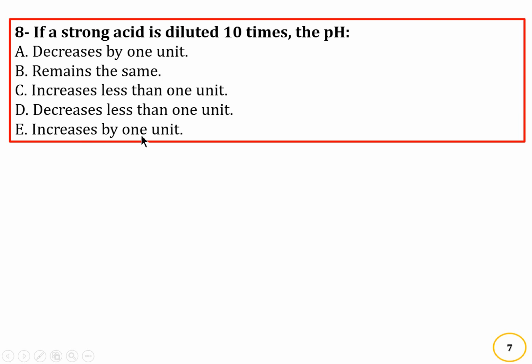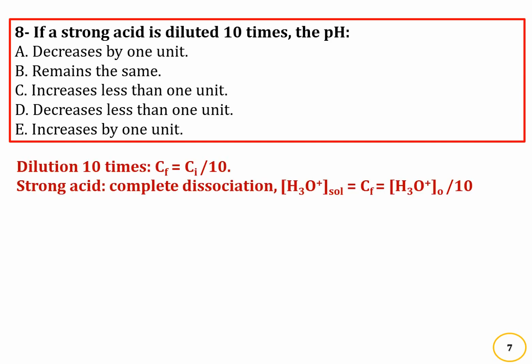The objective of this exercise is to calculate the pH of a strong acid before and after dilution. And the conclusion is that the dilution does not affect the dissociation of a strong acid. A strong acid always dissociates completely to H3O+.